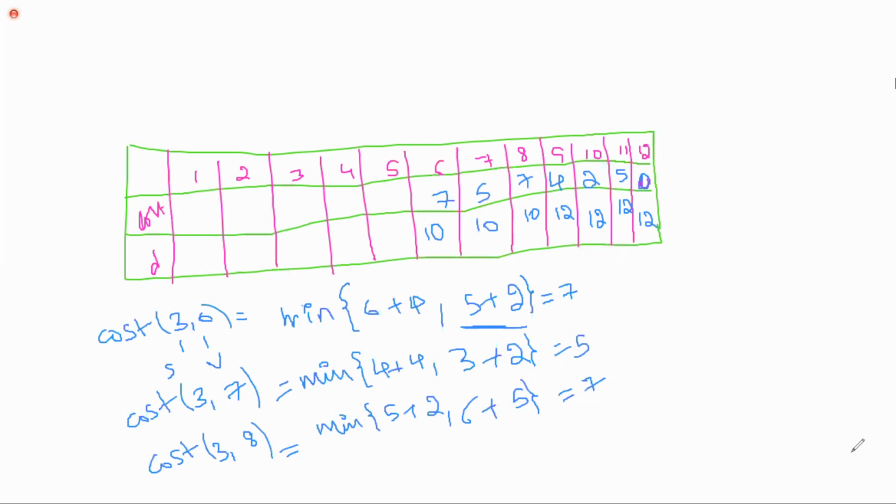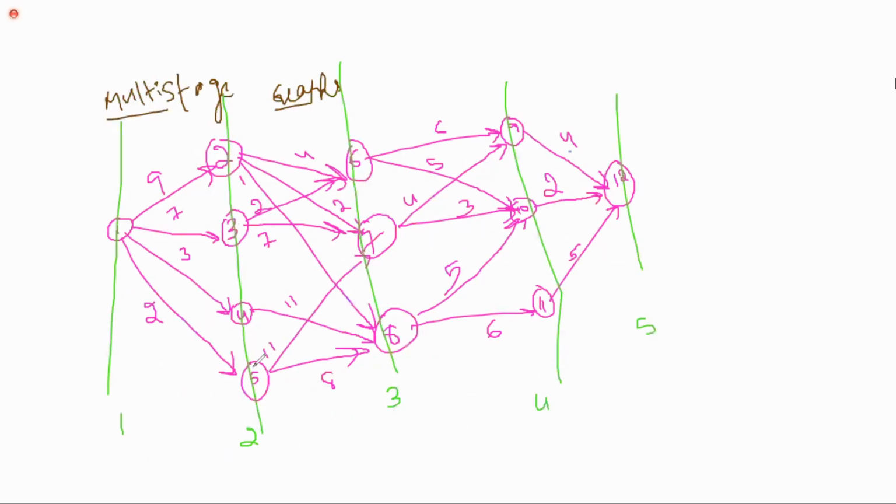Next, in stage number 2, how can we write? We will not consider 2 comma 6, 2 comma 7, 2 comma 8. We will consider the stage and the corresponding vertex. So stage is 2 and the corresponding vertex is also 2. So cost of 2 comma 2 is equal to the minimum of what we got.